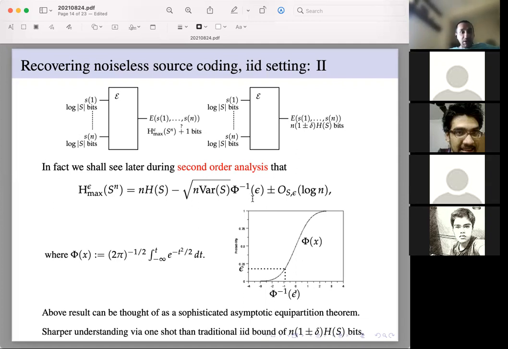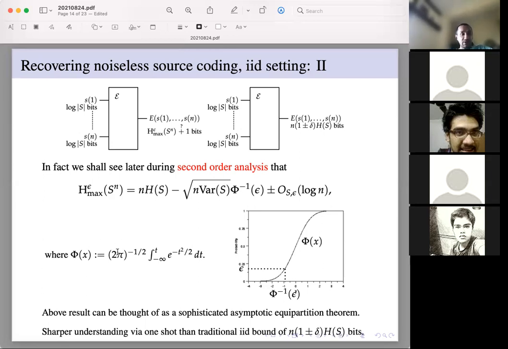The reason this is a positive quantity is that for small epsilon, phi inverse epsilon is a negative number. So what is phi of x? This is the cumulative distribution function of the Gaussian. Take the Gaussian with mean 0, variance 1. Look at its CDF. This is the probability density function. So CDF is, suppose I take a sample x according to the Gaussian. What is the probability that the sample from the Gaussian lies below a certain real number x?